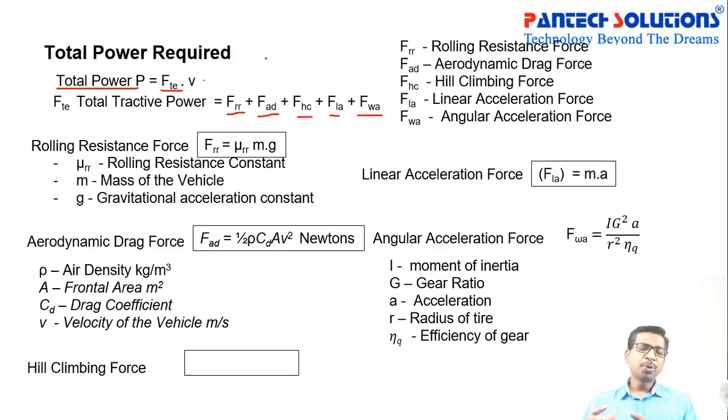For prototyping applications, you can take rolling resistance and aerodynamic drag force. If you consider your vehicle is traveling on a smooth surface, you can avoid the hill climbing mode. Suppose you want to add those components, yes, you can add them. So these are the formulas you can use.